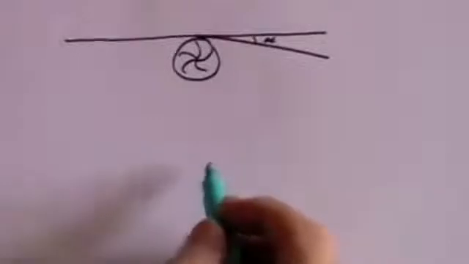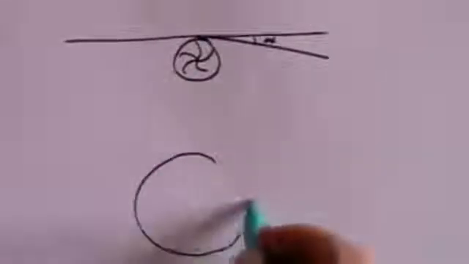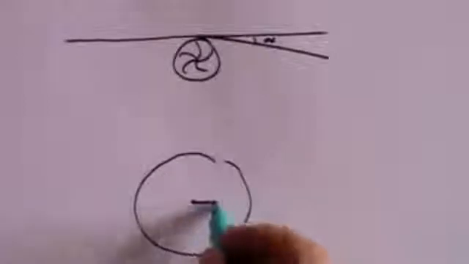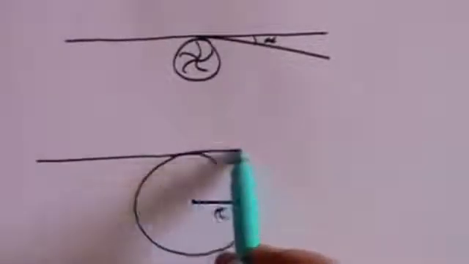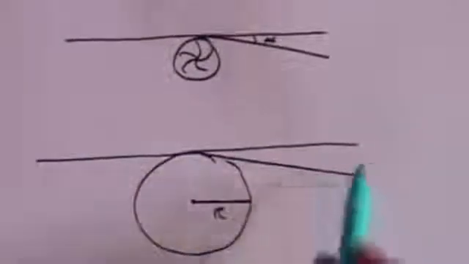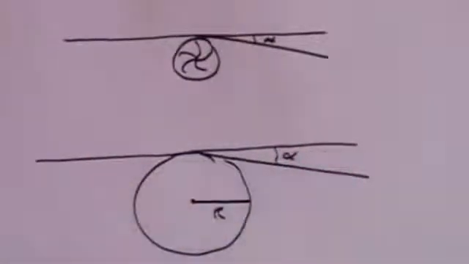That's a feature of general relativity, and you'll see why that happens if you look at my video on general relativity. Now we can explain why this happens using Newtonian mechanics. You actually need to involve general relativity as well, but let's start off with the Newtonian solution, and we'll consider a massive object of radius r, and here's the photon of light skimming the surface and being diverted through an angle alpha.